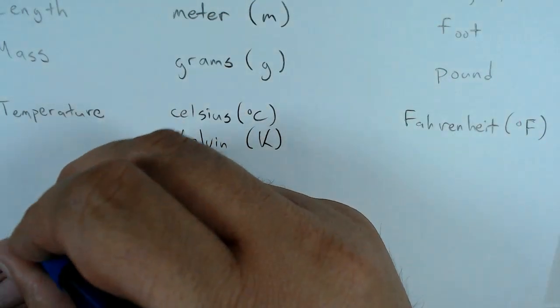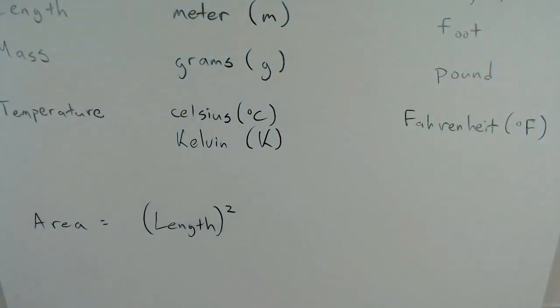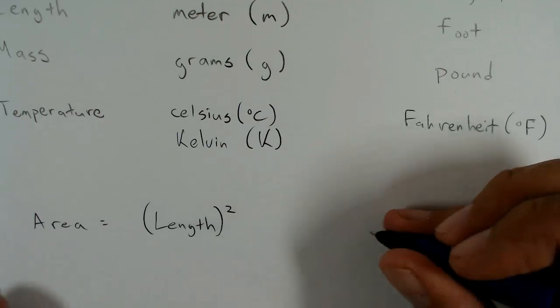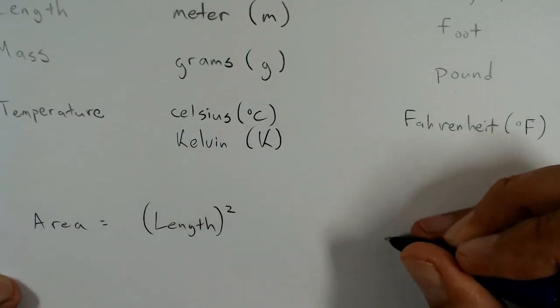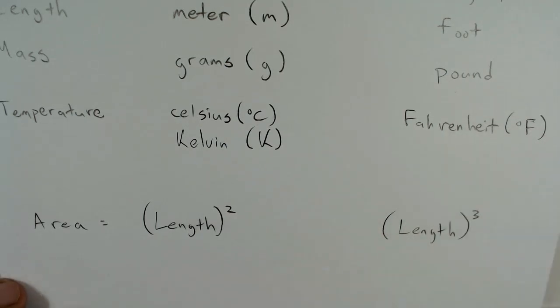So we have area, which is a length squared. So when you have a unit, if you see it has a distance and it's squared, that's telling you you're looking at an area. And then the other one, what if we were to cube it? So a length raised to the third power. What's that?